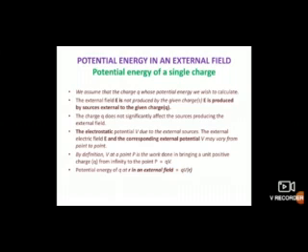By definition, if we take any point P, V is the external electrostatic potential formed due to the source charge at point P. Now work done in bringing unit positive charge Q from infinity to that point is nothing but the product of the charge and the existing electrostatic potential at P, so that it is nothing but Q into V. Thus we get the potential energy of a single charge Q in external field E, it is QV.